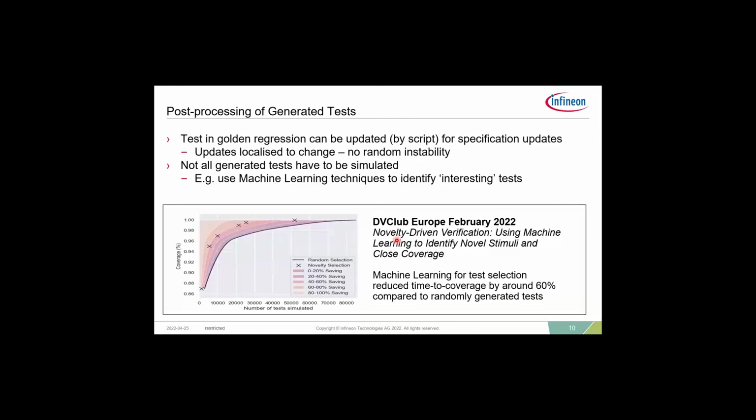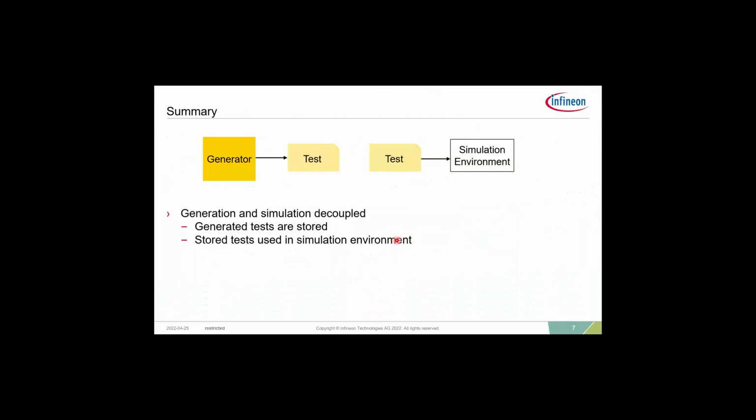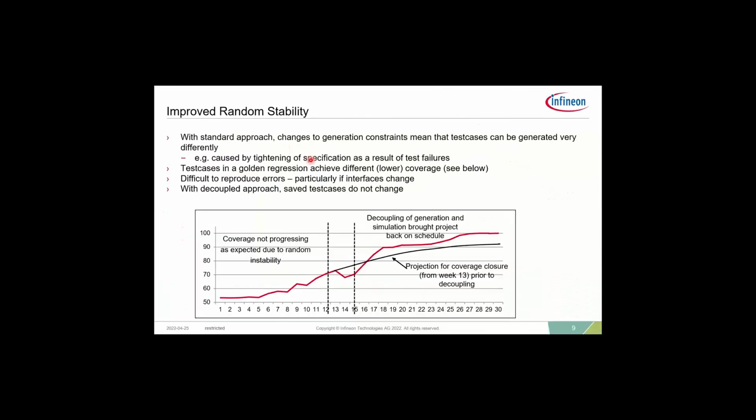And the last question is: can we reproduce the failing test with the same seed? The idea of seeds becomes rather redundant here, because you actually have a physical test. That might be a counterpoint to difficult to reproduce errors, because you can go back to an earlier version of the test bench and use the same seed.